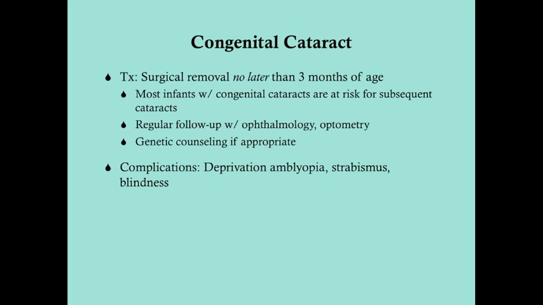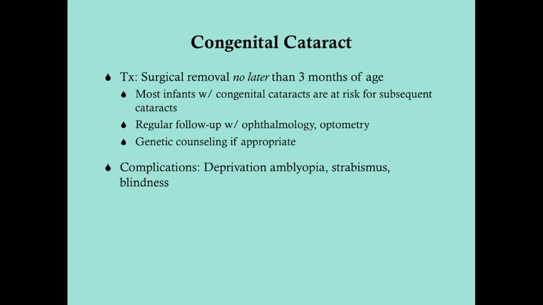And of course, you should also treat whatever is the surrounding, contributory cause to the congenital cataract, if you can. Regular follow-up with ophthalmology and optometry is going to be important, and genetic counseling is useful as well, especially if it's one of those genetic disorders.